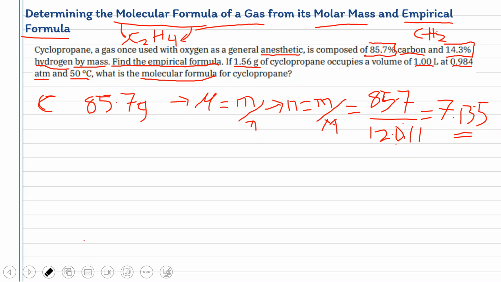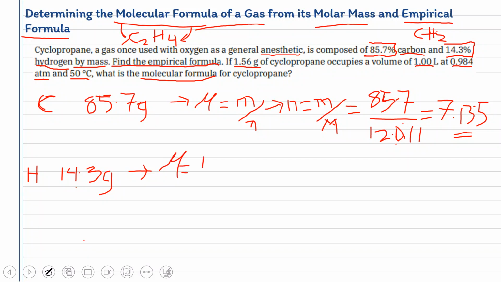For hydrogen, I'm going to write hydrogen, H. They're telling us that by mass, for this cyclopropane, we're going to have 14.3 grams of hydrogen. Now we're doing the same thing here.